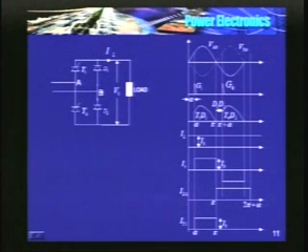In the negative half, potential of B becomes higher than potential of A. Immediately D3 starts conducting. The moment D3 starts conducting, a negative voltage appears across T1, and T1 turns off.